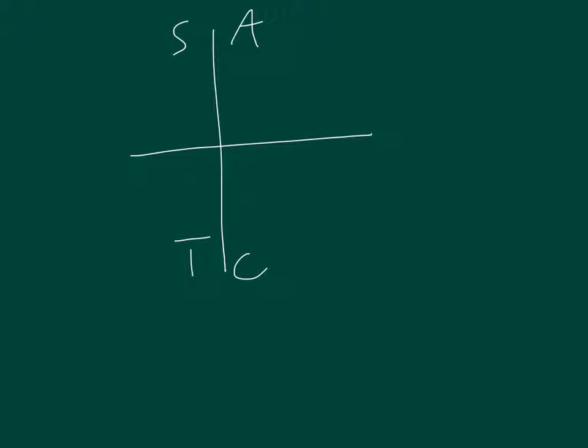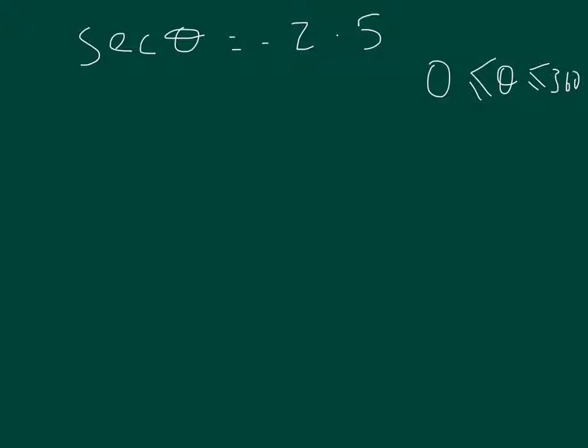You're also asked to use cast diagrams to help you solve these equations. For example, solve sec theta is equal to minus 2.5, the limits being 0 is less than or equal to theta, which is less than or equal to 360. 1 over cos theta is the same as sec theta, so it also equals minus 2.5.